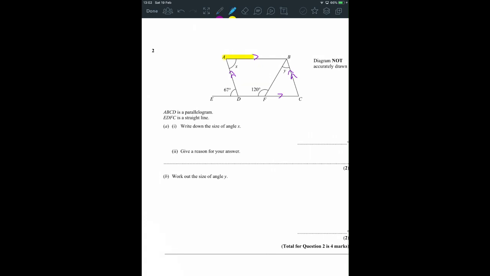And angle Z I can see creates this Z shape as previously mentioned, with the 67. Now unfortunately I can't write because Z shape. I need to use the official phrasing, and that's alternate angles are equal. They're on alternate sides of that crossing line.